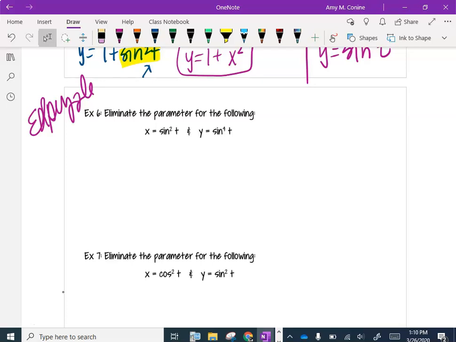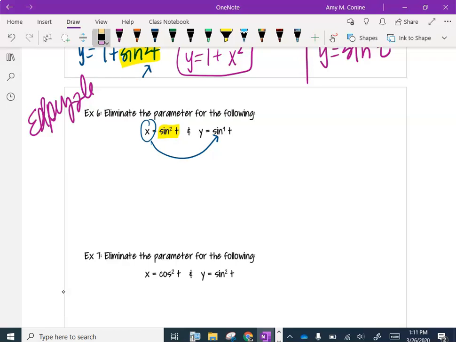If I'm looking at what I don't have much of, I do have this sine squared, and this is really sine being squared twice because it's to the fourth. So what if I took this x and substituted it in here for that sine to the fourth? Now, that's a strategy I'm thinking of.